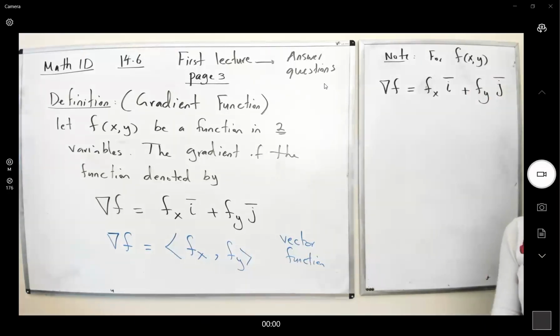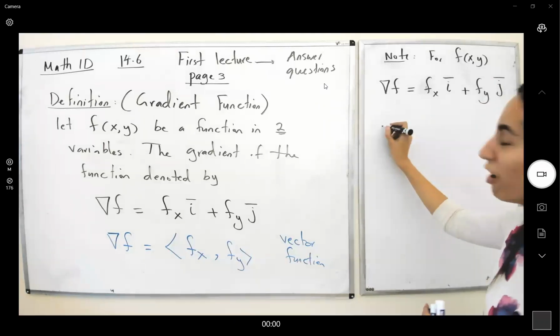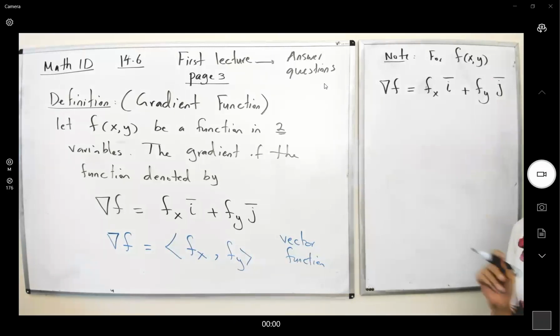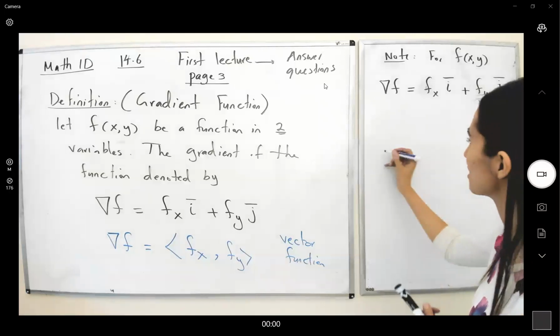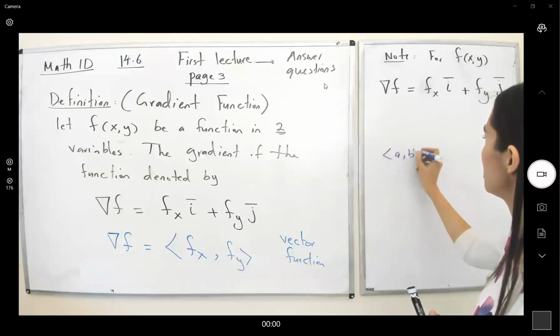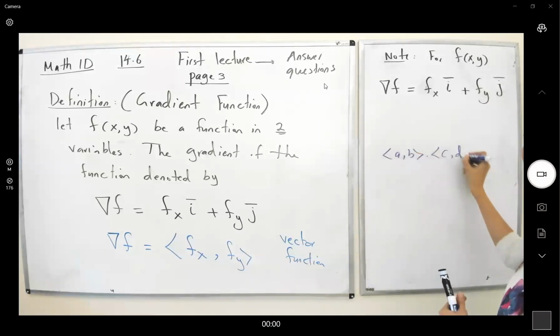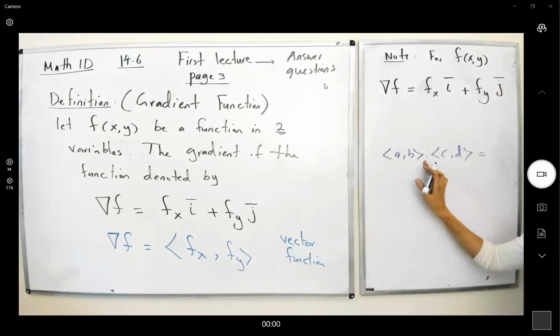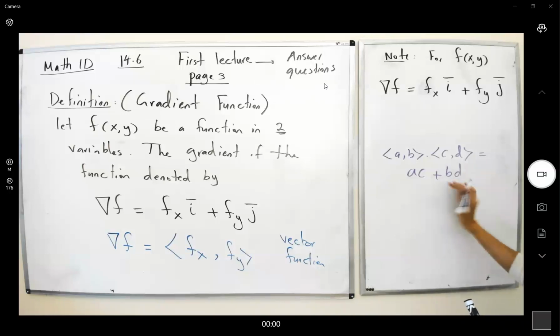It's a directional vector. So think about it this way. Recall that when you have the dot product between two vectors, like (A, B) dot (C, D), the dot product between them is actually AC plus BD.